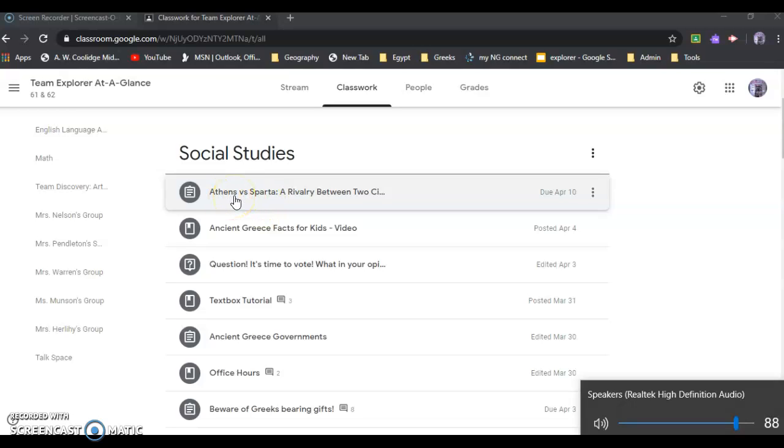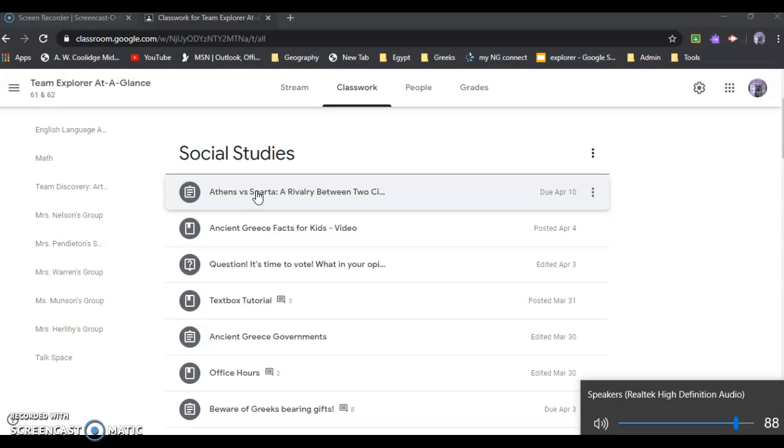What we're going to learn about is how each city-state was different from the other, and maybe some similarities too. Probably what we'll do with this is have a debate, some type of discussion thread on Athens and Sparta and which city-state you would choose to live in. Something to that effect. So that's why we're learning about Athens and Sparta.